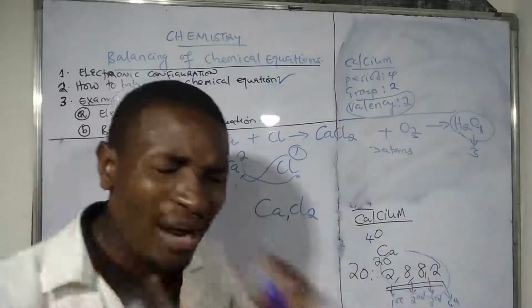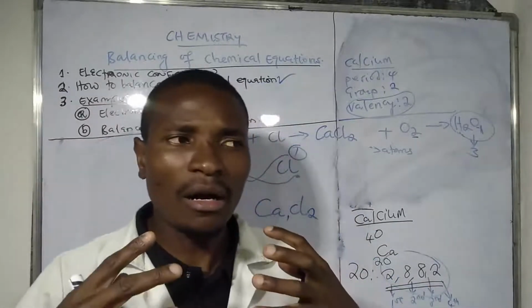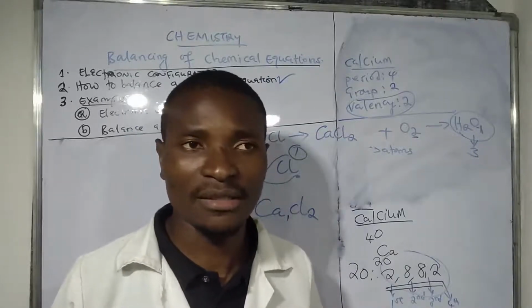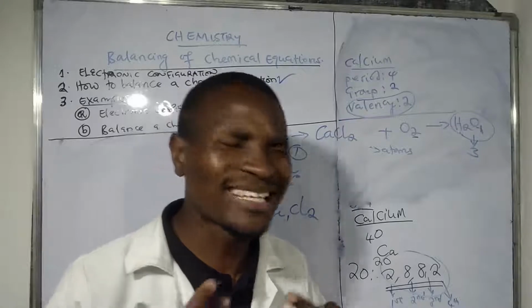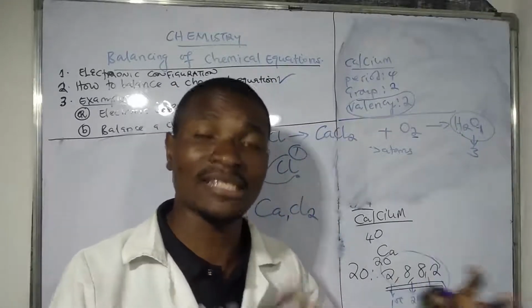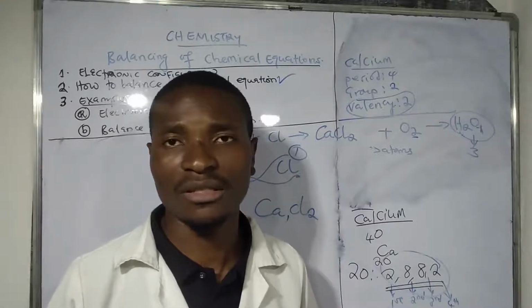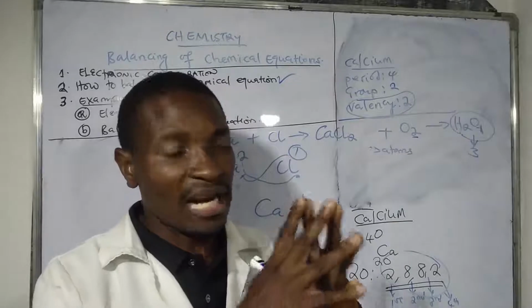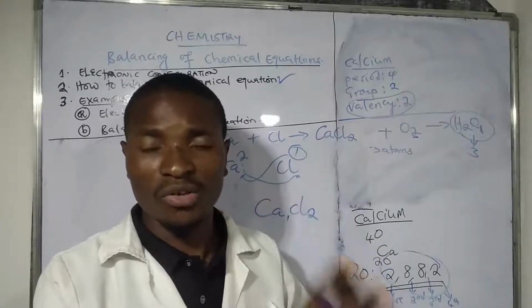If we want to understand how balancing a chemical reaction is done, make sure we understand how to configure each and every single element that is taking part in the reaction. My emphasis is: understand electronic configuration.